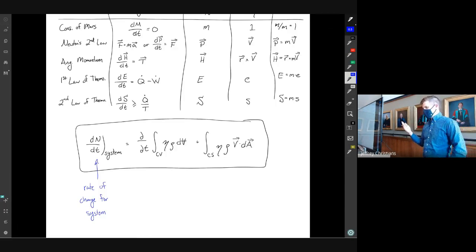Again, like the rate of change of momentum, or mass, or energy.